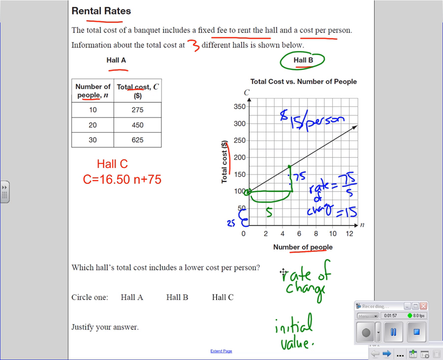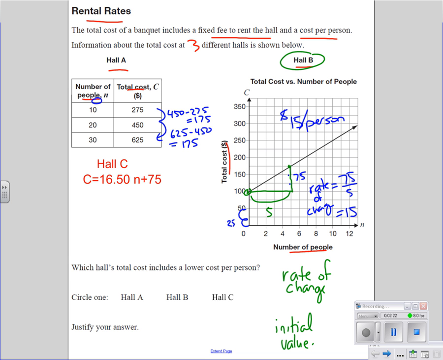Now, I also need to figure out the rate of change on the table of values that I'm given, so for Hall A, and I need to know the initial value. So I'm noticing here that 450 minus 275 is 175, and 625 minus 450 is 175. So I seem to be changing by the same amount every time.